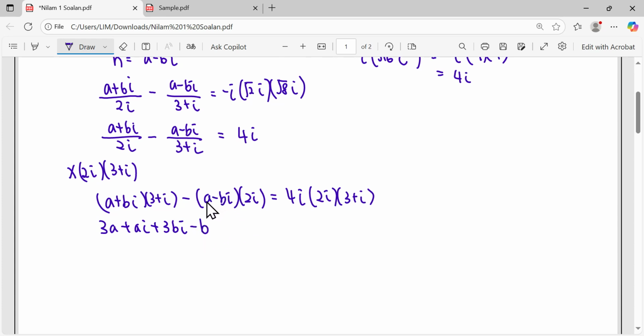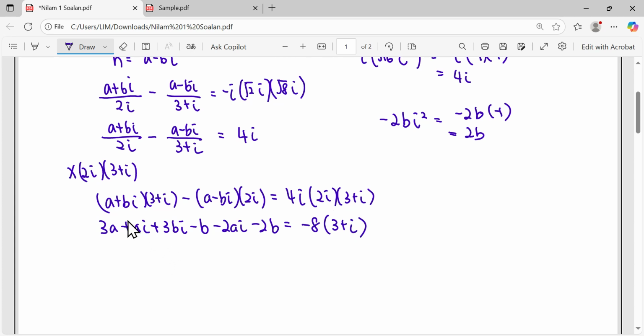This one is 2i times a, so negative 2ai, and this one is negative 2bi squared. I squared is -1, so it becomes 2b, and with the negative in front, minus 2b. And we simplify at the back: 4 times 2 equals 8, 8 times i squared, -8.